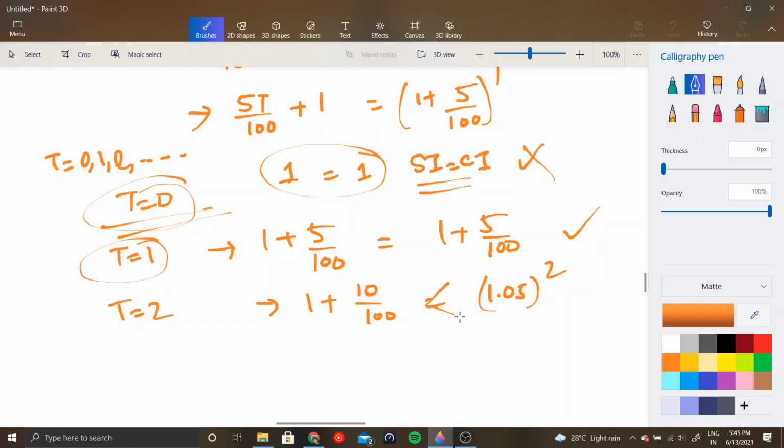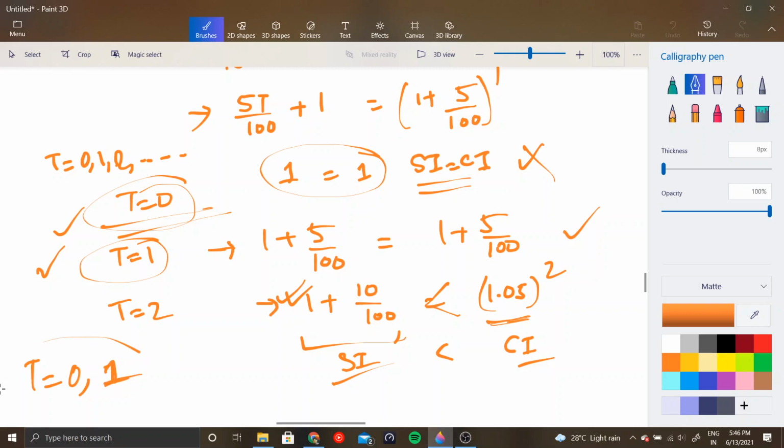From here, the RHS term will always be greater, because this is basically CI and this is basically SI. CI will always be greater than SI for more than a year. So now you can infer that the time period is either 0 or 1. If you do not invest, the CI and the SI both are zero and they are equal. And if you invest, then the CI and the SI for the first year are always the same. So this is your answer.